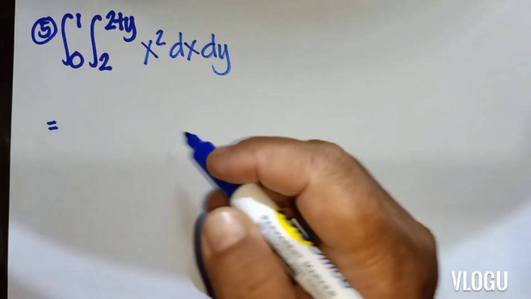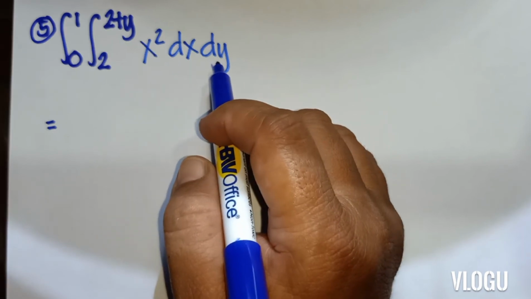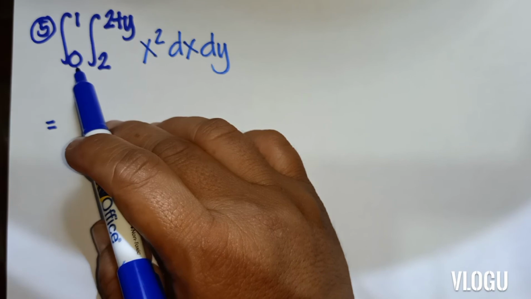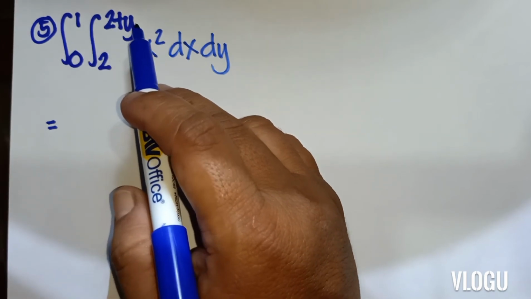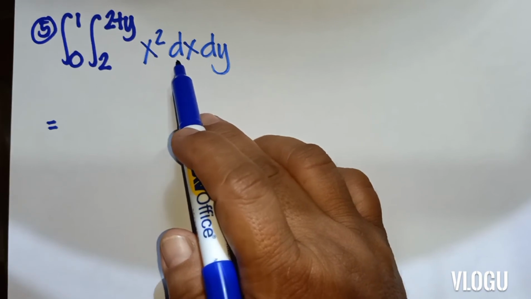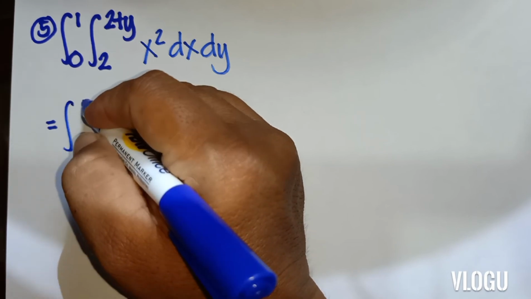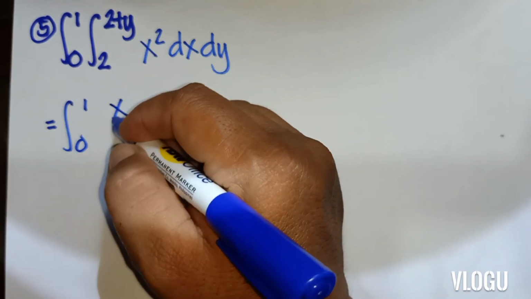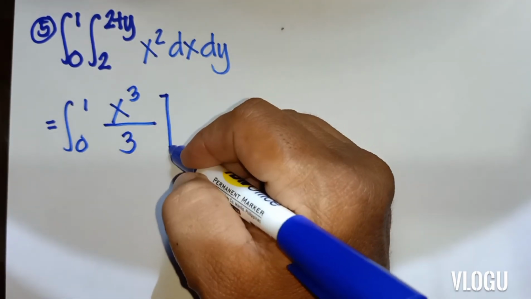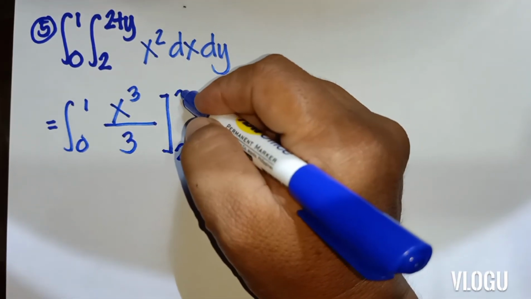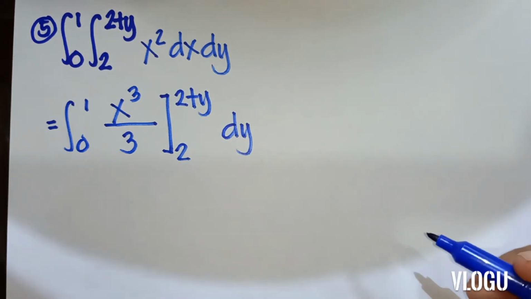So the next example is the integral of x squared dx dy, evaluated from 0 to 1, then 2 to 2 plus y. We start with dx, so we will have 0 to 1, x cubed over 3 evaluated from 2 plus y, dy.